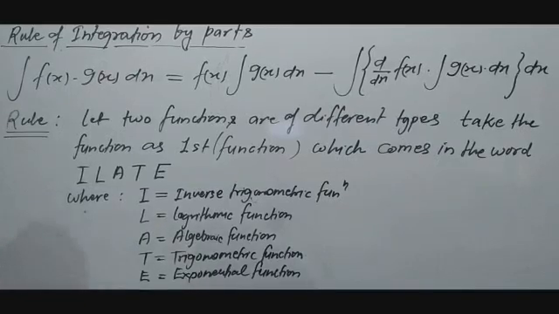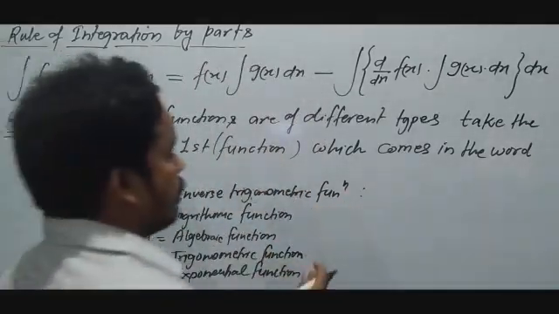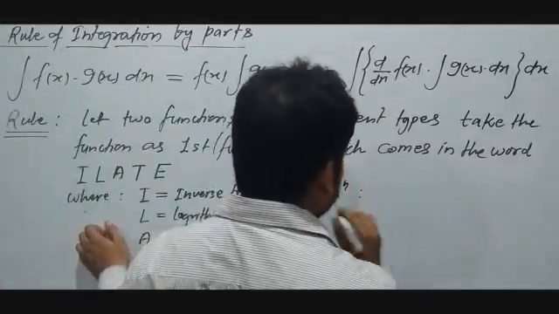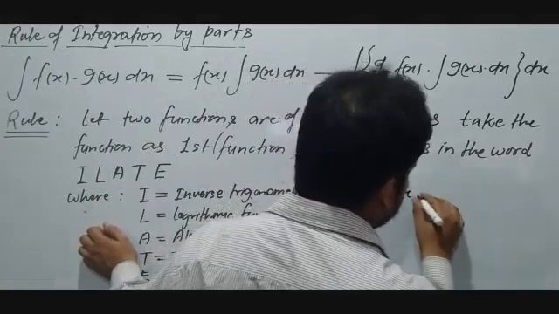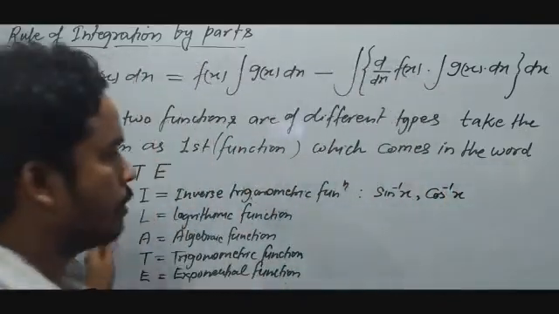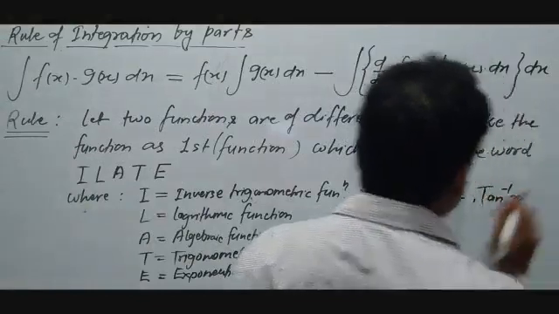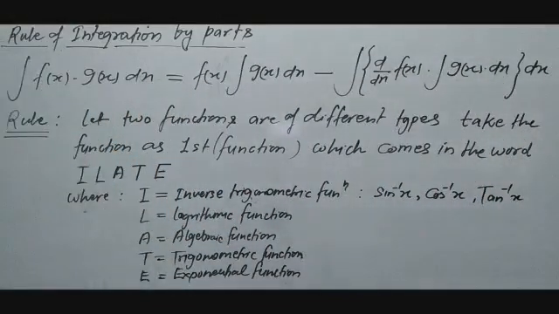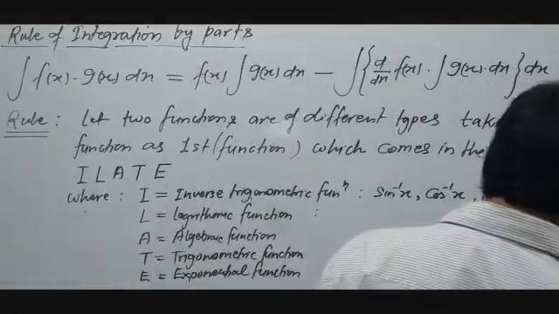And you know inverse trigonometric functions, which type of functions are they? You can suppose sine inverse x, cos inverse x, tan inverse x. These are examples of inverse trigonometric functions. Now logarithmic functions, which functions are said to be logarithmic?